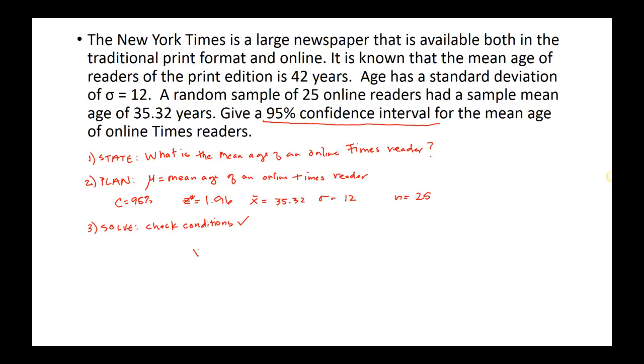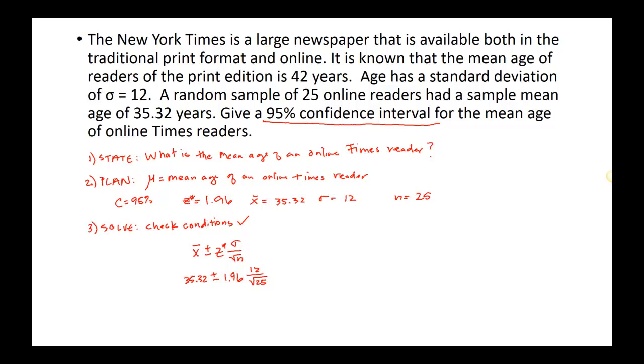Our interval is going to be x bar plus and minus z star times sigma over square root of n. So if I plug in everything that I know here, I'm going to have 35.32 plus and minus 1.96 times 12 over square root of 25.